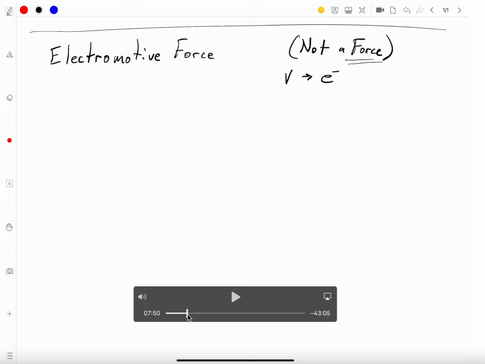It's just a potential, a voltage potential. Potential and voltage are synonymous, so it's a potential that moves electrons. And we call it EMF, or capital EMF.